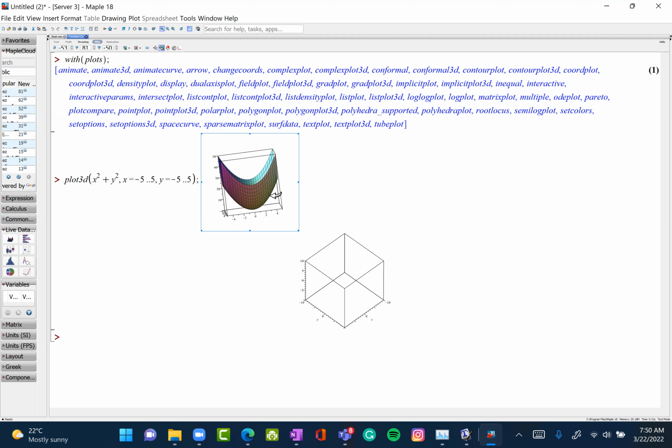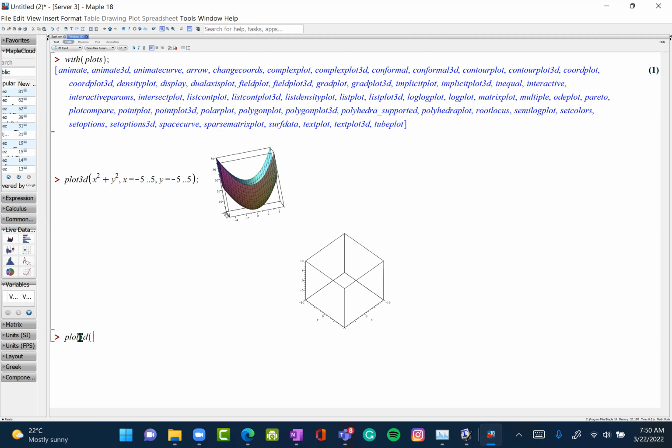So you see the cuts are circles. Okay. So this is a paraboloid.